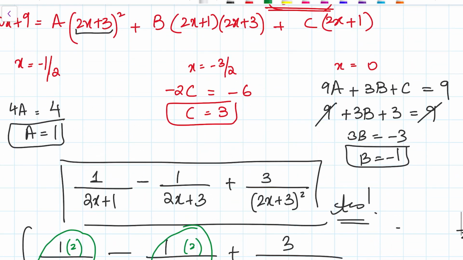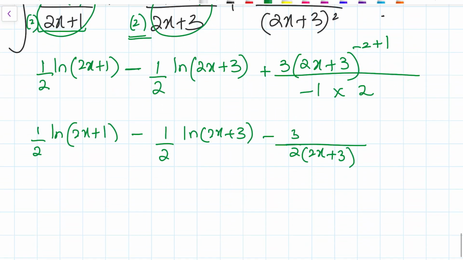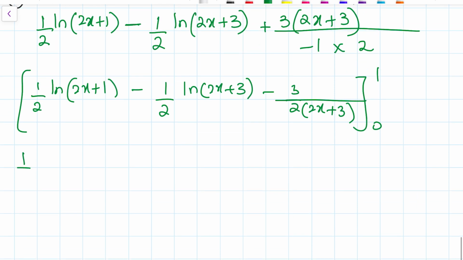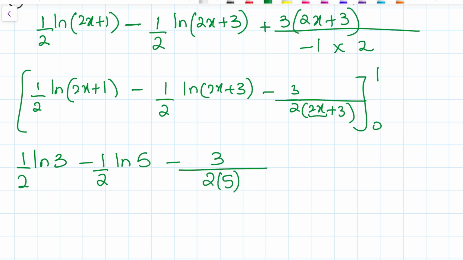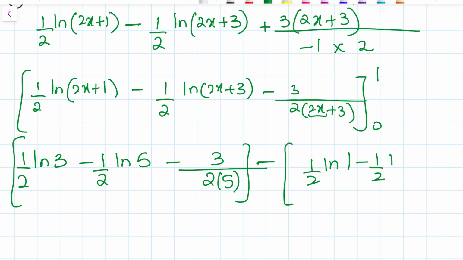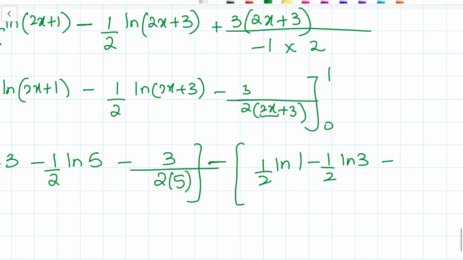Now, what are the limits? The limits are 1 and 0. Let's input the limits now. When you input a 1, 3, 5. 2 into 1 is a 2, so 2 into 5. Now let's input the limit 0: half ln 1 minus half ln 3 minus 3 upon 2 into 3.